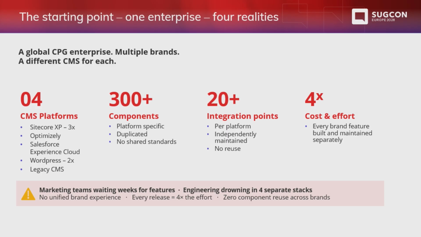They had Optimizely PaaS, Salesforce Experience Cloud, and WordPress. They had 300 plus components across these platforms with no reusability across those components, and 20 plus integration points across the platforms, again with no reusability. And then 4x the cost, because each feature had to be implemented 4 times across the different platforms.